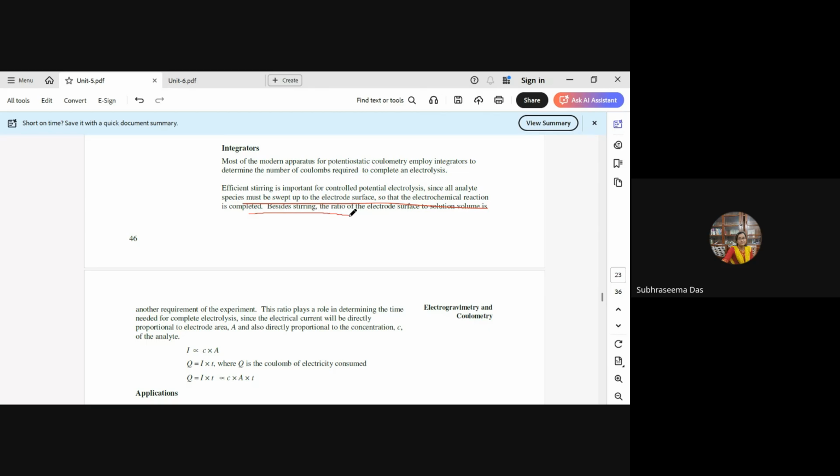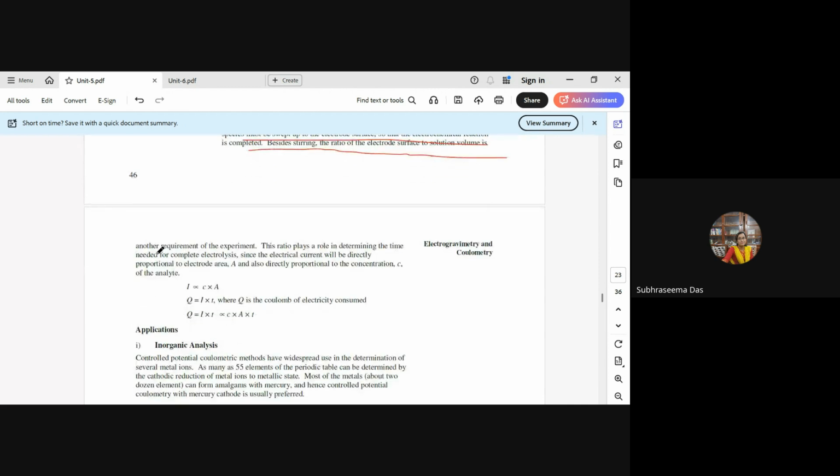Besides stirring, the ratio of the electrode surface to solution volume is another requirement of the experiment. This ratio plays a role in determining the time needed for complete electrolysis.